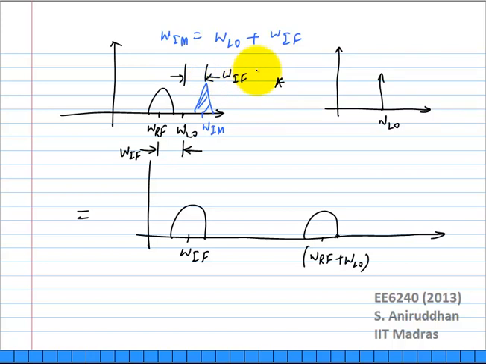Is that okay? What happens if I convolve that signal with omega LO? What will I get? I'll get a component. So you will get cosine of omega LO minus omega IF from this guy.